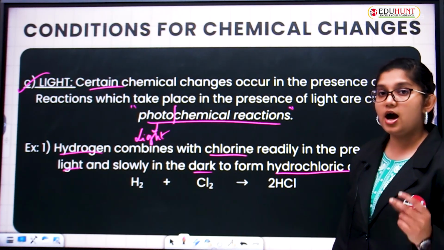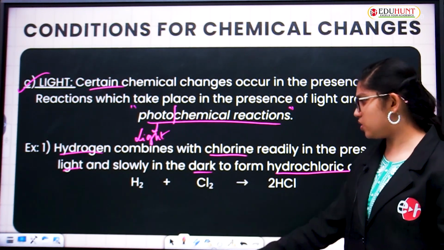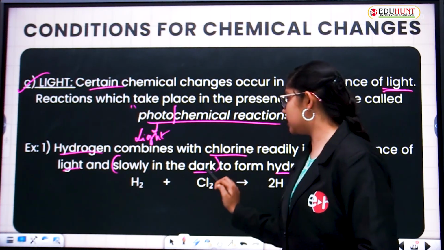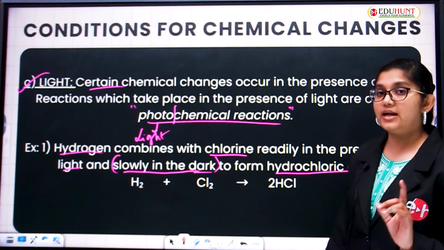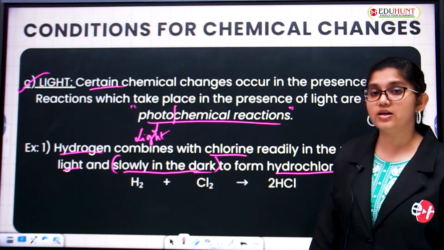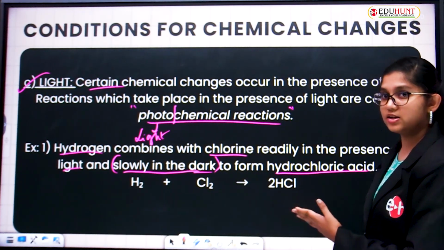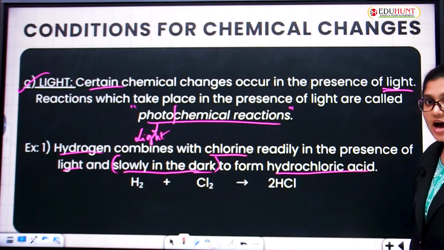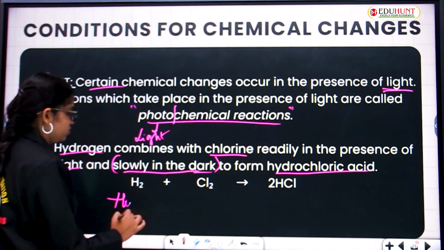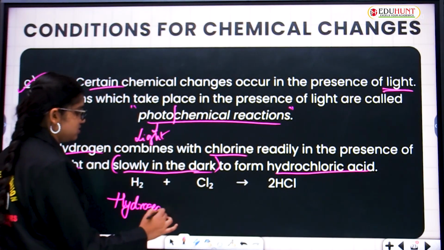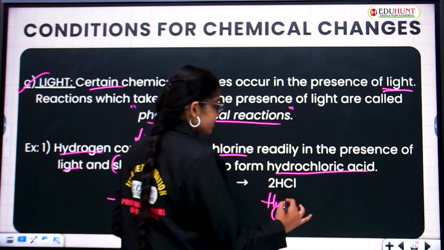They both undergo reaction readily in the presence of light and slowly in the dark. In dark conditions they react slowly, but in the presence of light they will react very quickly. ఎవరు? Hydrogen and chlorine. They give rise to HCl. HCl means hydrochloric acid. H2 is hydrogen, Cl2 is chlorine, and 2HCl is nothing but hydrochloric acid.